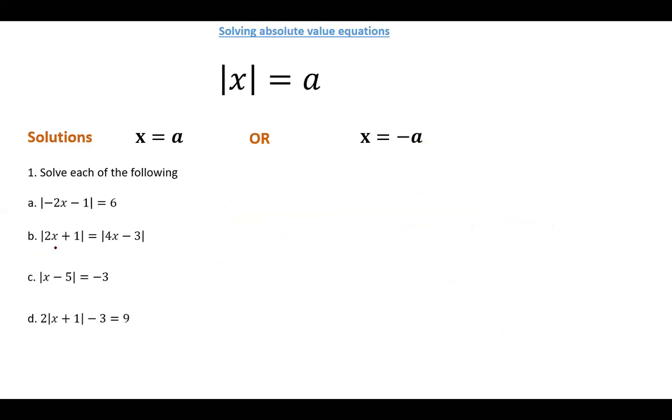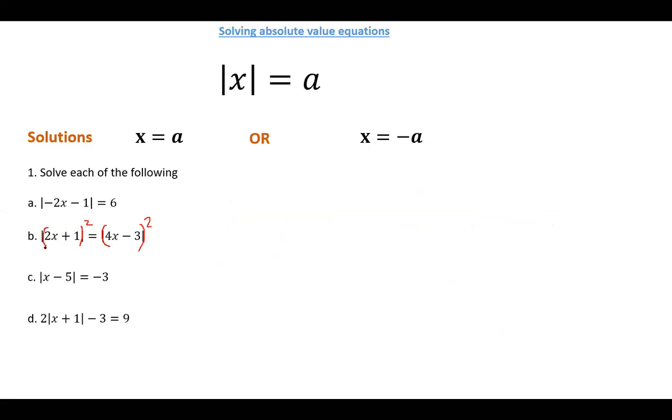So B here has two methods of solving it. If you want, you can introduce these brackets, square this side, also square that side, and then solve the equation.